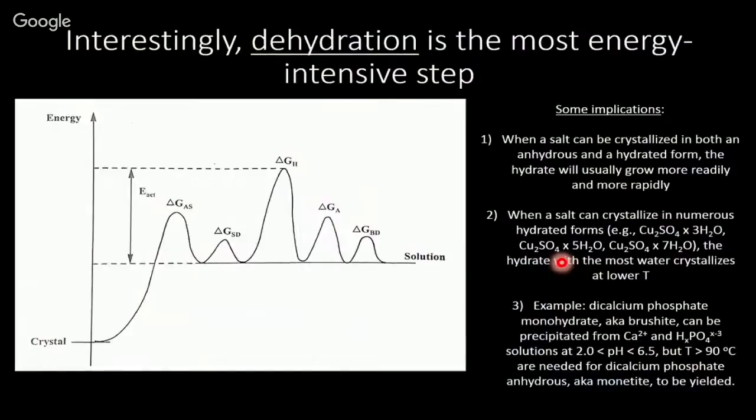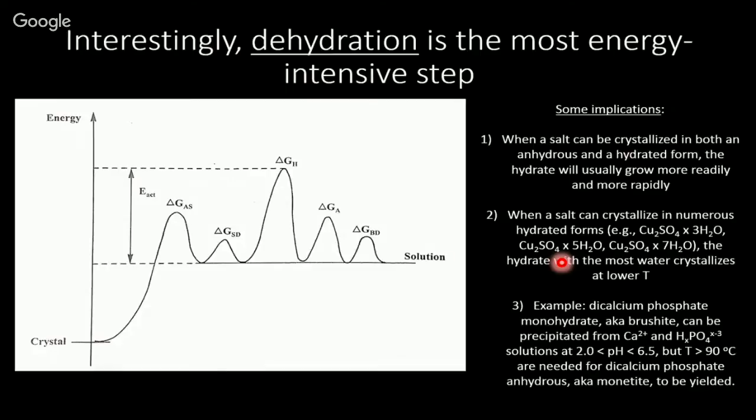So this is what I mentioned, that dehydration is the most energy intensive step. One of the outcomes of that is that very often hydrates are much easier to form than anhydrous compounds. Because oftentimes the atom is not able to get rid of that hydration shell, so it gets into the crystal together with the hydration shell.